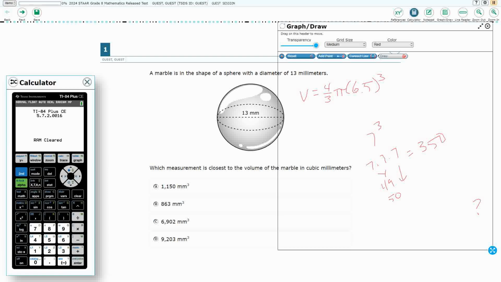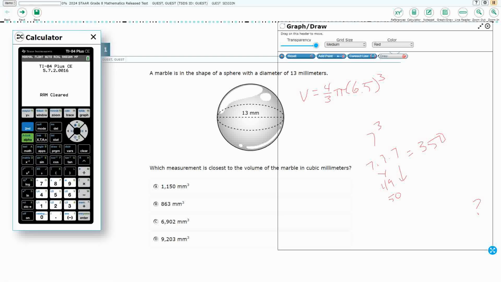Let's open up calculator. Let's start with a TI calculator. All right, so we're going to do 4/3. So 4 divided by 3. Now we need pi. You see that pi there is above the caret symbol in blue, which means I need to go to second. Need to hit that, 4/3 pi. And then what I need is 6.5 to the third.